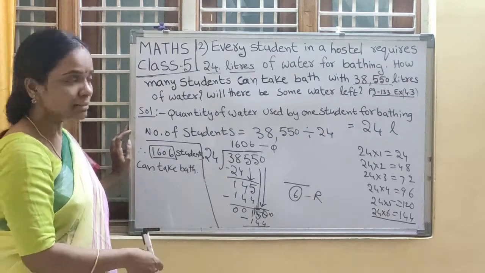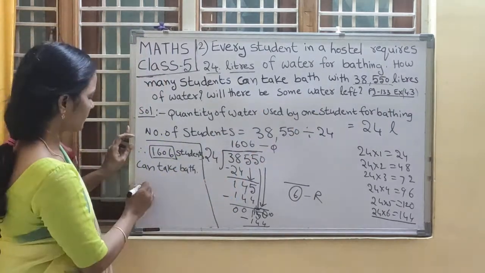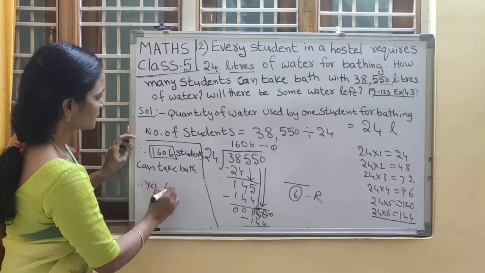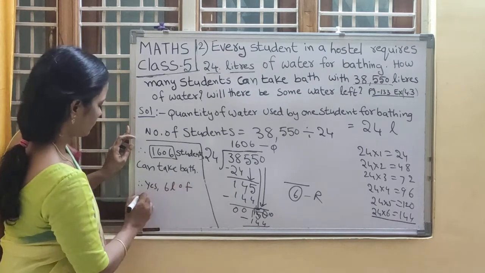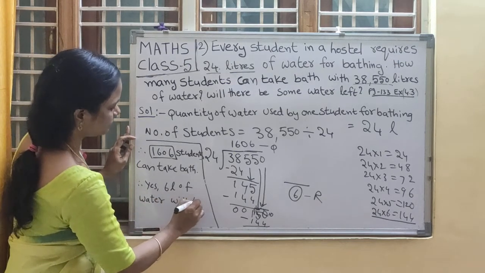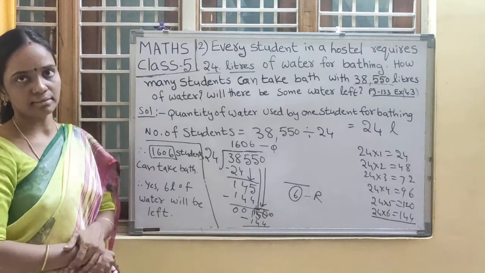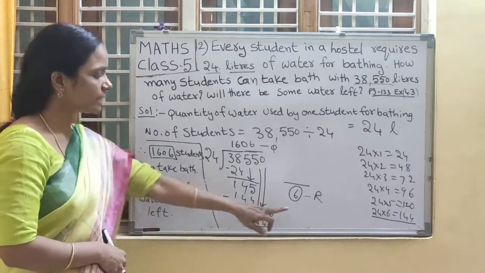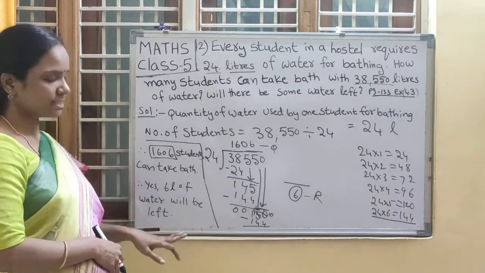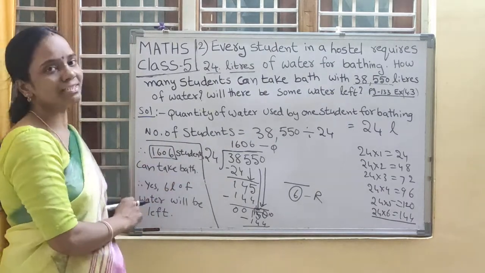After taking bath, some water is also left, and therefore 6 liters of water will be left in that tank. Have you understood, children? The remainder is 6, so we can say that some water is left, that is 6 liters of water will be left. How many students? 1606.